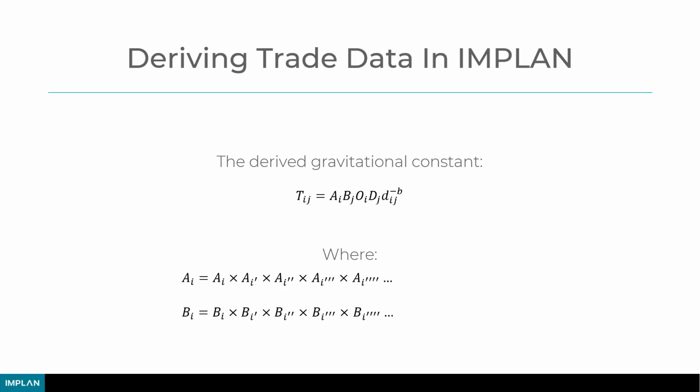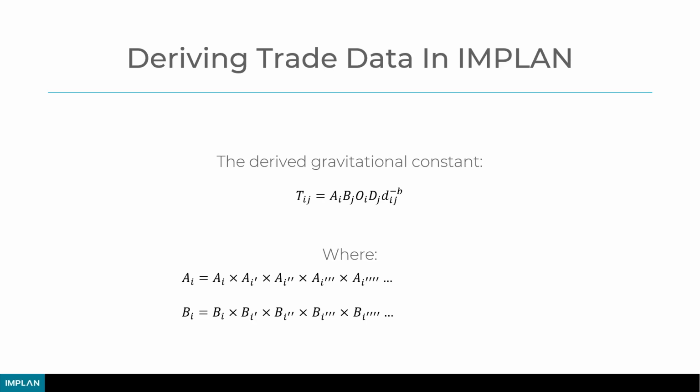And we get this equation where the trade between regions I and J is a function of 5 different things, or 4. A sub I, B sub J can be thought of as that derived gravitational constant, right? So that's the gravitational constant in here.